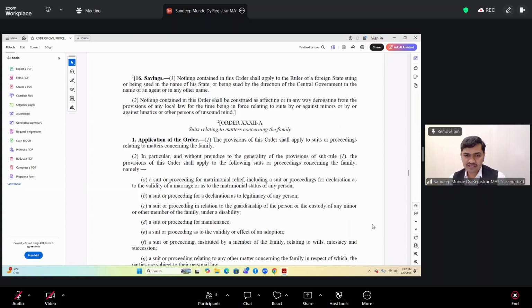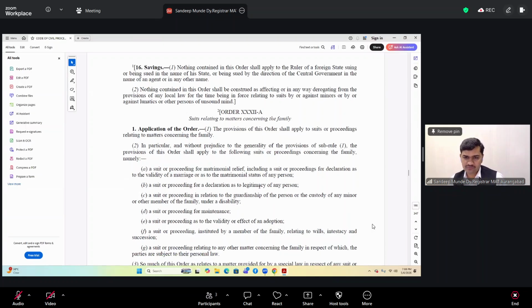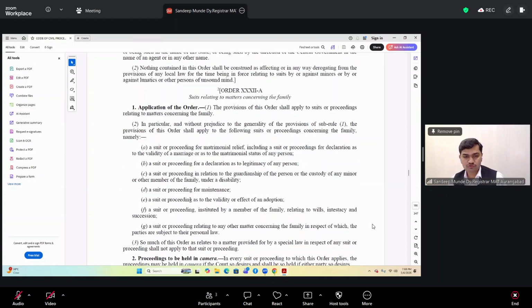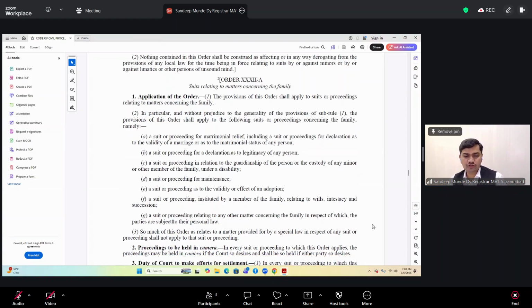What matters are covered under disputes of the family is mentioned in Rule 1, Sub-Rule 2: suits or proceedings for matrimonial relief, including suits for declaration of validity of marriage or matrimonial status; suits for declaration of the legitimacy of any person; suits in relation to the guardianship of the person or custody of the minor or member of the family under disability; suits for maintenance; suits as to the validity or effect of adoption; suits instituted by a member of the family relating to wills, intestacy and succession; and suits relating to any other matter concerning the family in respect of which the parties are subject to their personal law.